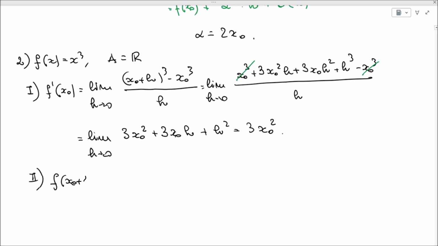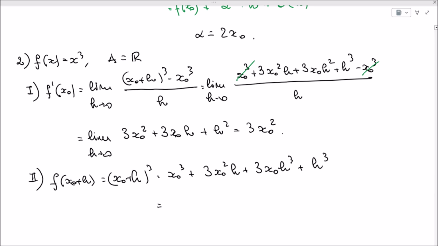Let's apply the second method. f of x naught plus h is x naught plus h cubed, which is x naught cubed plus 3 x naught squared h plus 3 x naught h squared plus h cubed, which we can rewrite as x naught cubed plus 3 x naught squared h plus the remaining terms.